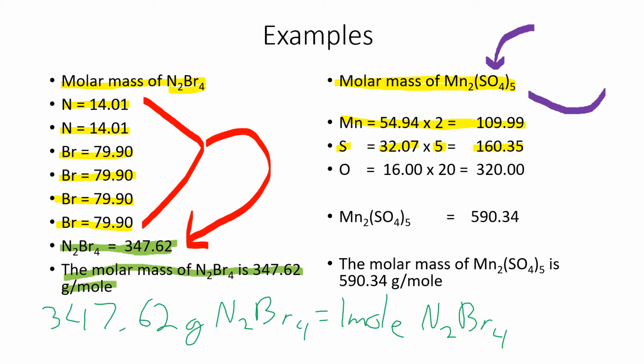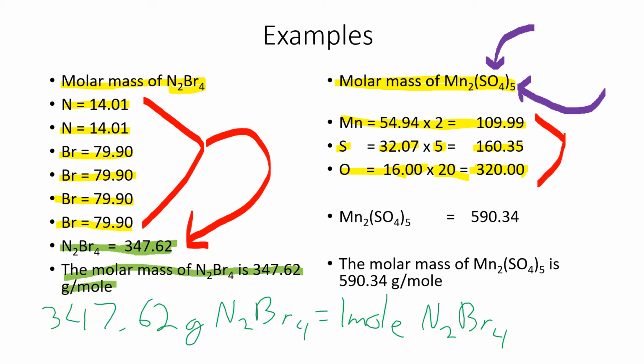How many groups do we have? We have 5 of those groups. So 4 per group and 5 groups. 4 times 5 gives us 20. We would have 20 oxygens total in this molecule. So oxygen comes in at 16, and we have 20 of them. That would give us an oxygen total of 320.